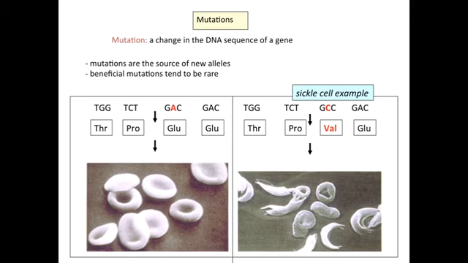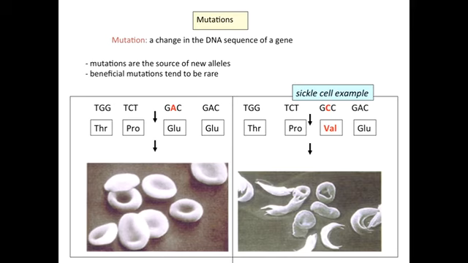Gene flow will bring in new alleles from other populations, but we count on mutation to create brand new alleles that had never existed before. The example we're looking at here is a point mutation. You'll remember that term from Monday, September 21.